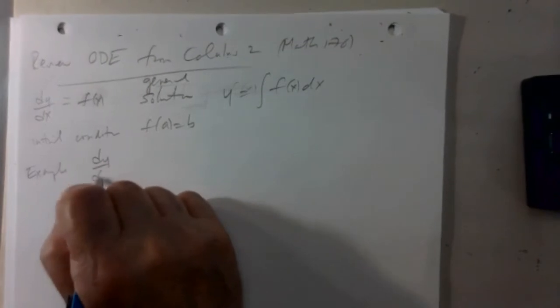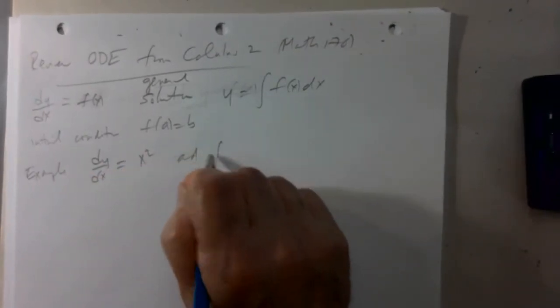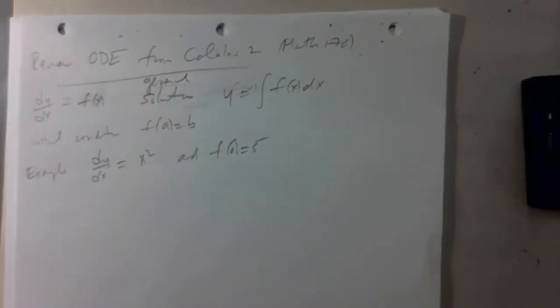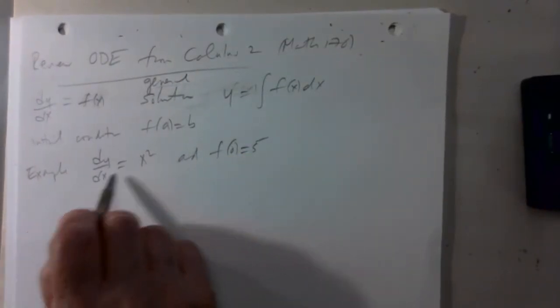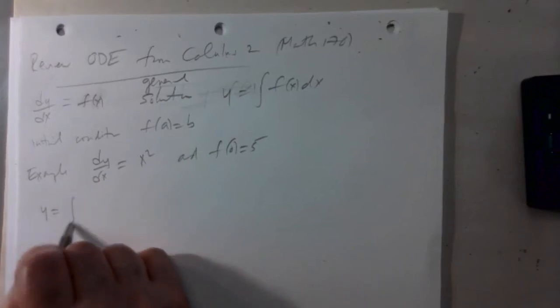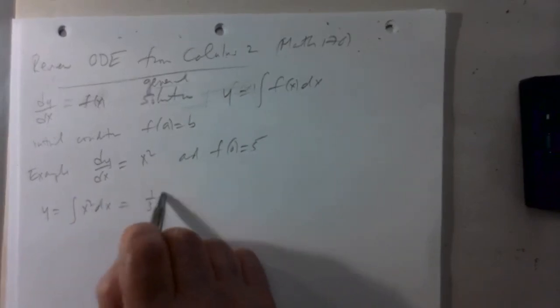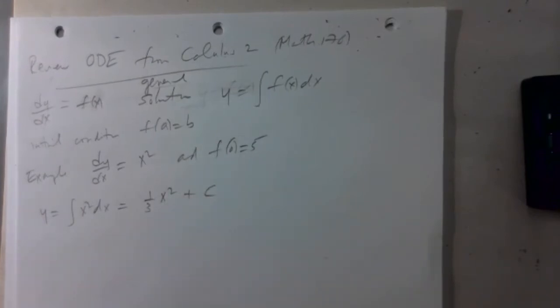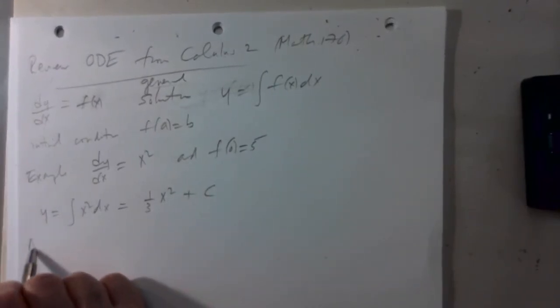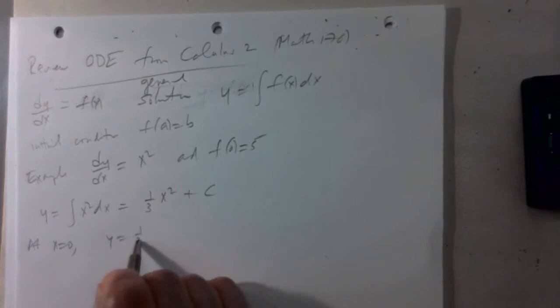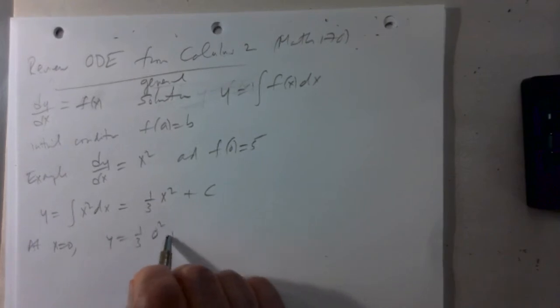So for example, suppose dy dx is equal to x squared, and we're told we want the solution where f of 0 is equal to 5. Well, the general solution is y is the integral of x squared dx. That's 1/3 x cubed plus a constant. And at x equals 0, y is 1/3 0 cubed plus the constant.